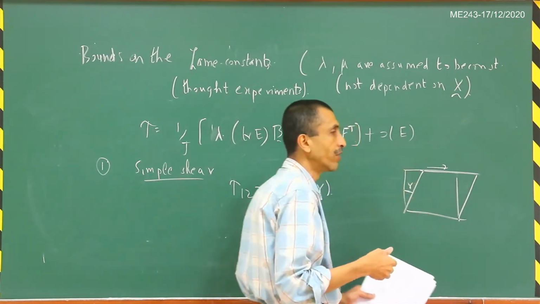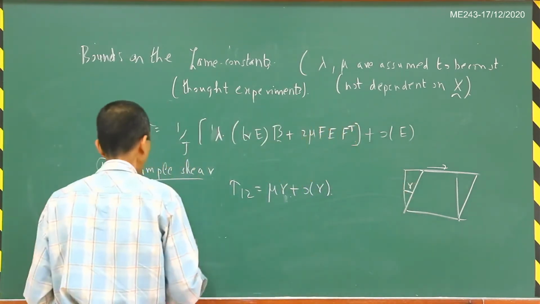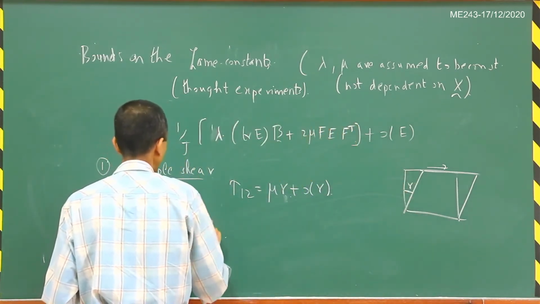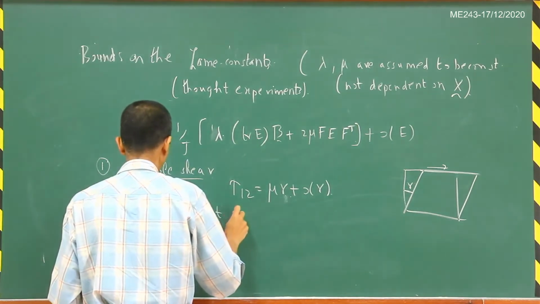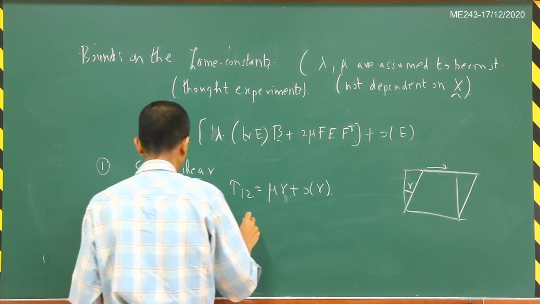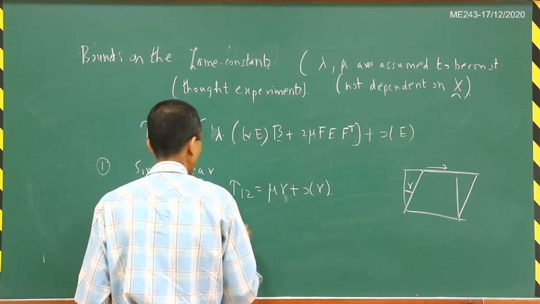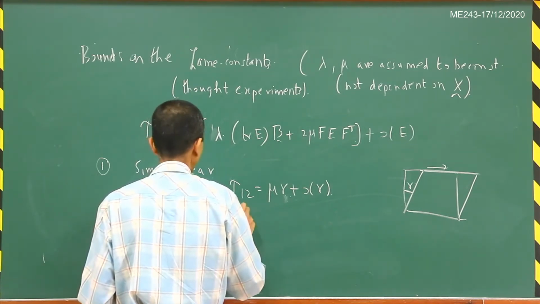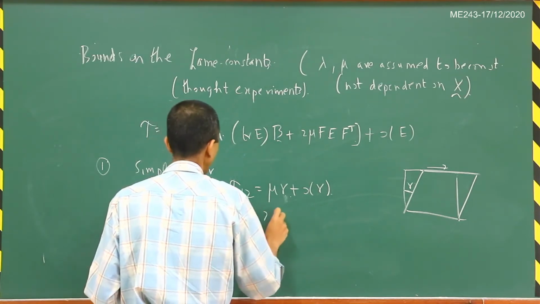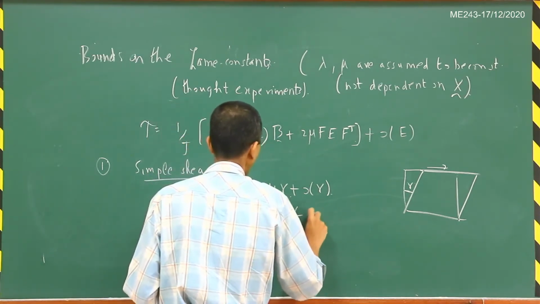So we expect tau 12 greater than 0 if gamma is greater than 0.